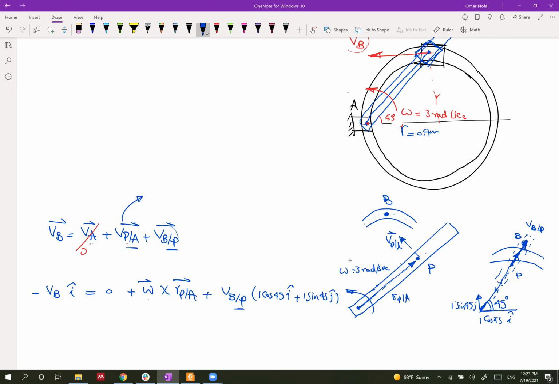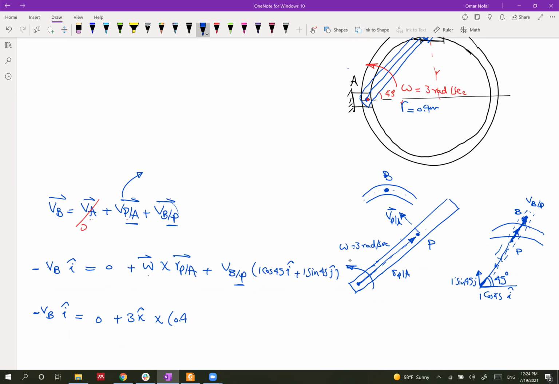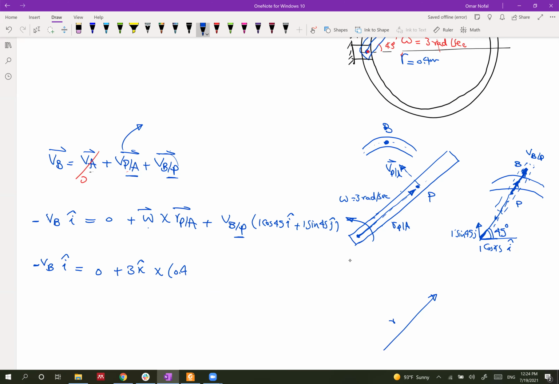And omega is in the k hat direction, so we will be having negative VB in the I hat equals 0 plus omega, which is 3 in the k hat direction, crossed by 0.4 R, something like that. So this is RB with respect to A. It has 0.4 in this direction and 0.4 in this direction. So 0.4 in the I hat plus 0.4 in the J hat.